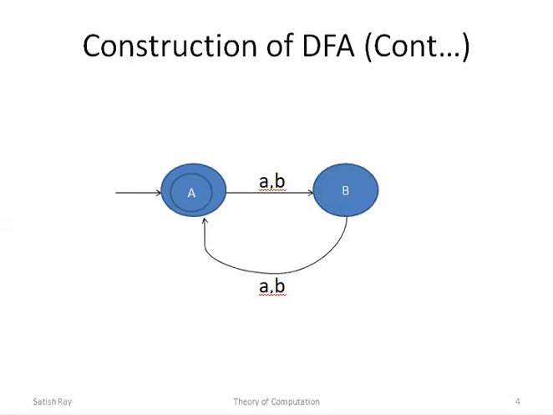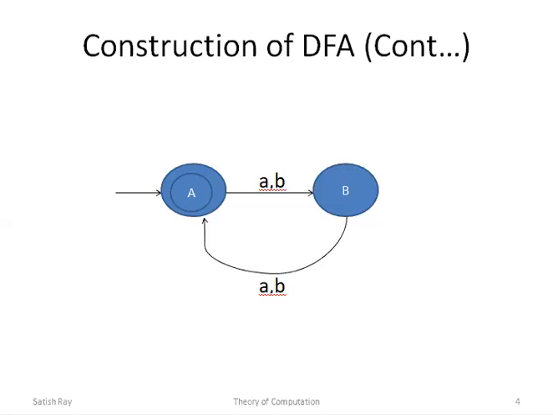We can cross check it. So first, on input string of length 0, that is empty string, it will be accepted because the initial state is a final state. On input string of length 1, the next state will be B, and it is not a final state.